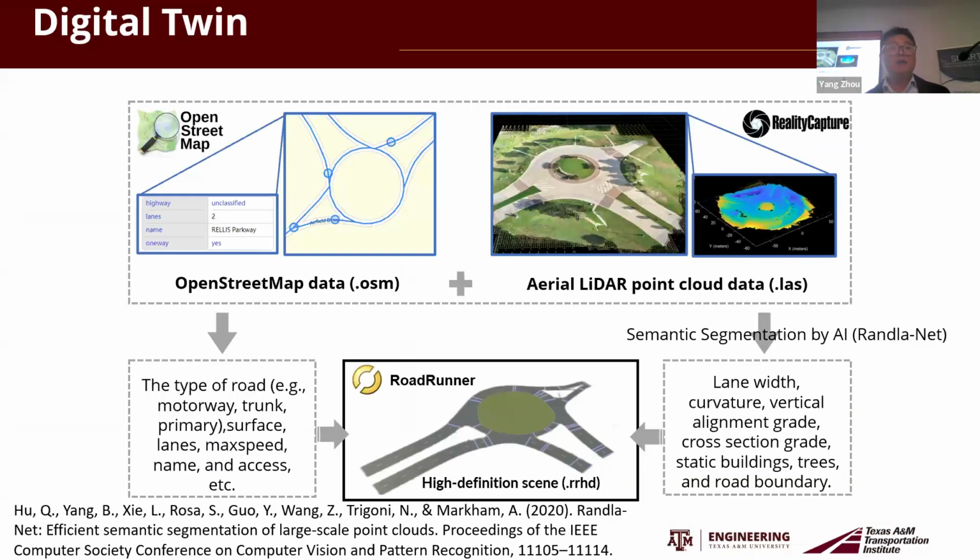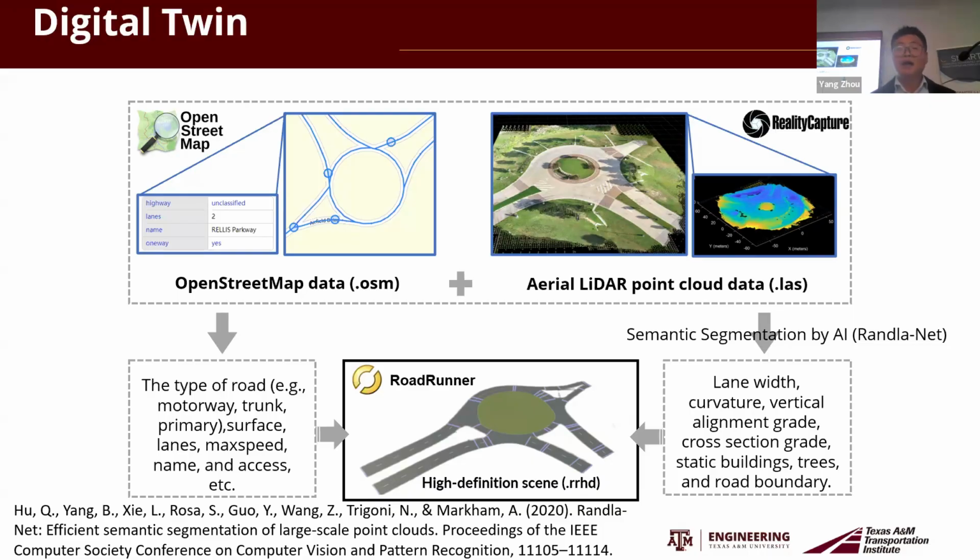Given that we use OpenStreetMap as a skeleton, while the aerial LiDAR point cloud is the flesh, we give comprehensive scenarios of the traffic static background. By OpenStreetMap, we can provide the type of road, for example whether it's a motorway, trunk, or primary, as well as the surface, lanes, and so on.